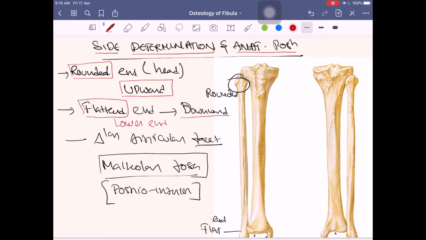And I also told you that posterior-inferiorly on the medial aspect of the lower end, you should find a depression, a fossa called the malleolar fossa. So we hold our thumb in this, and then the bone belongs to that side. So this is how we decide the side and anatomical position.